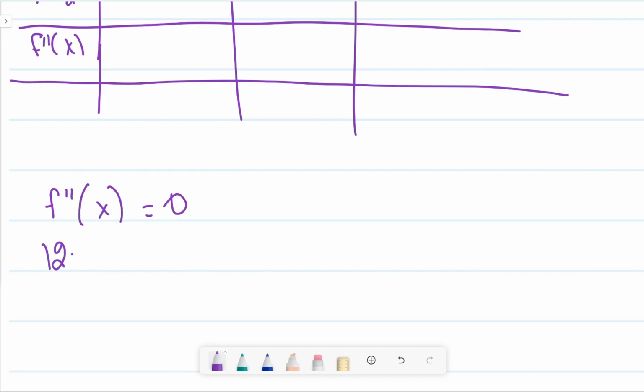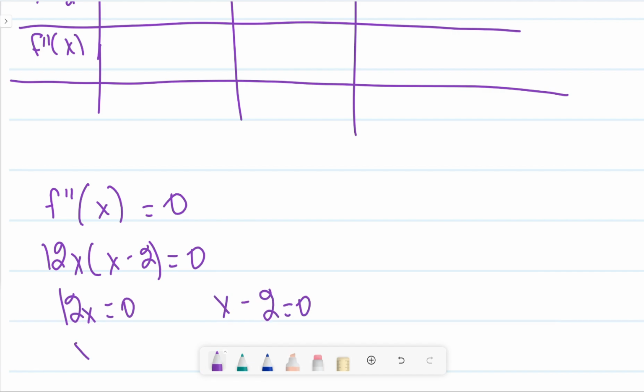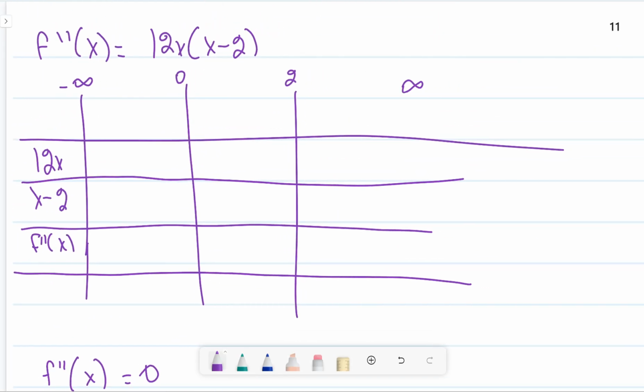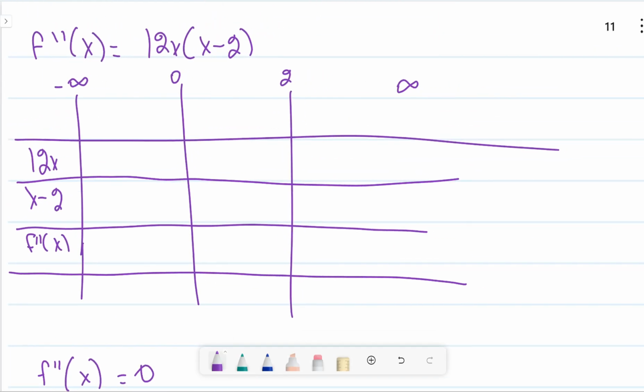So 12x times (x minus 2) equals 0. Either 12x equals 0 or x minus 2 equals 0. So x equals 0 or x equals 2. And these are the points that I used in my sign table.